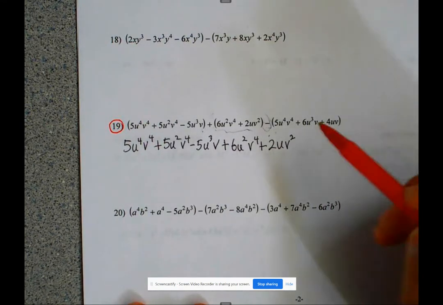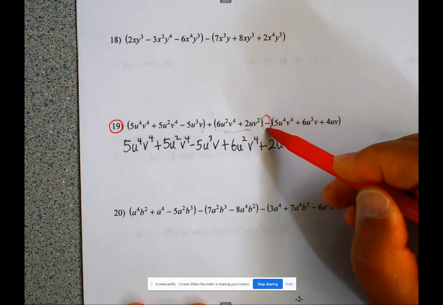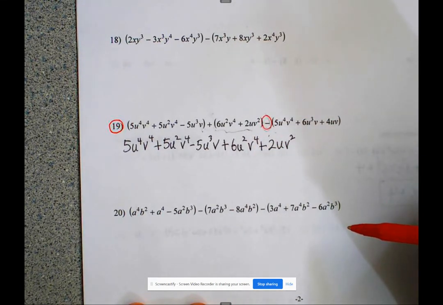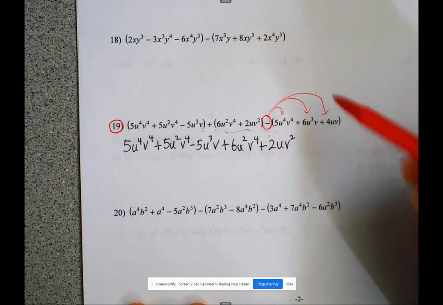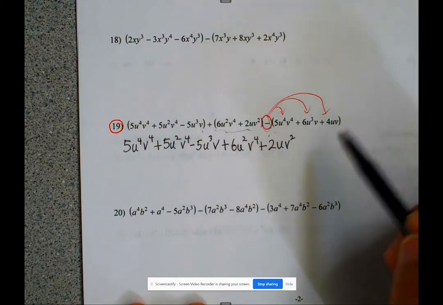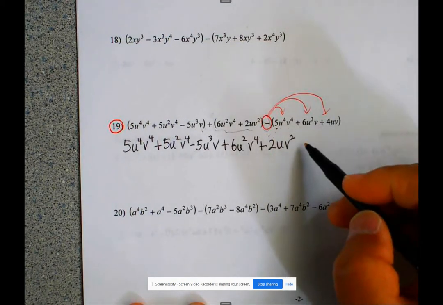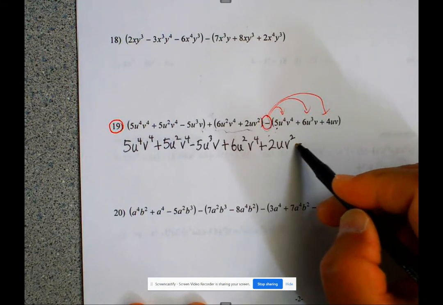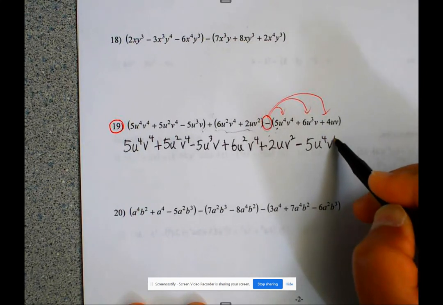Okay, now the third part, do you see that third part right here? We do have a subtraction, difference. So you do need to change all of these signs. Make sure you change every term that you have in our third parentheses. So without the parentheses, this positive 5u to the fourth, v to the fourth becomes negative, or minus, 5u to the fourth, v to the fourth.